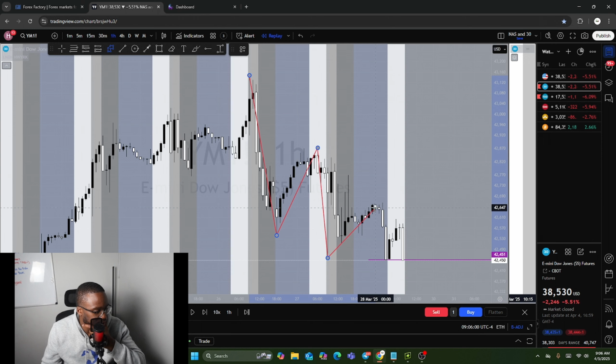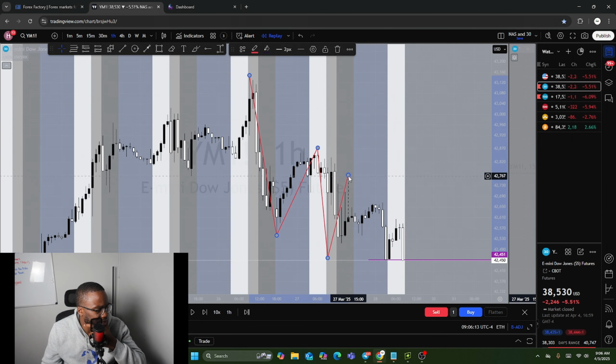So it came down here. Did it come back up here? I think it came back up here, then it dropped again. Or did it come back up here? Because that's this long wick.